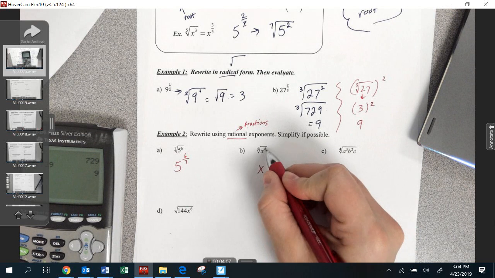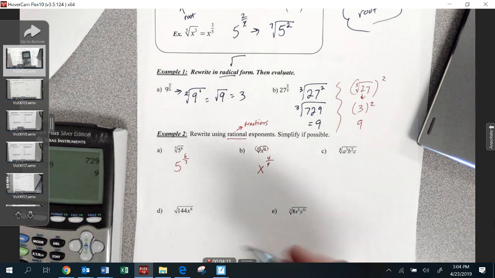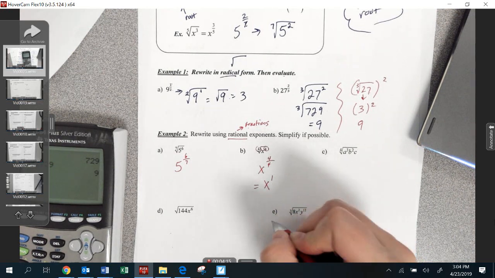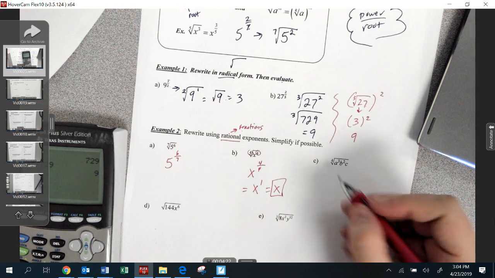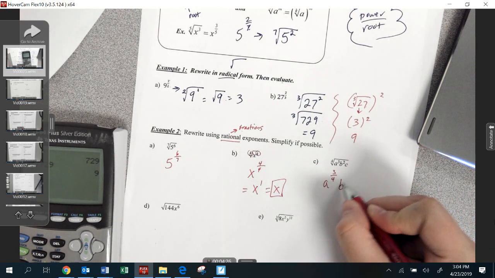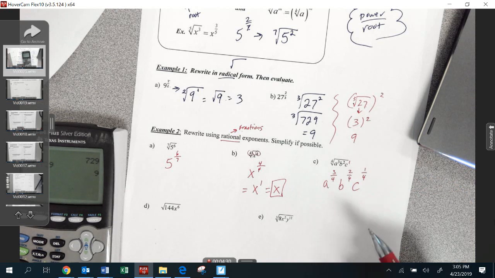Over here, I'm going to do x. This is my power. This is my root. And x to the 4/4, that would just reduce to x to the 1st, which simplifies all the way down to just x. On example C, I'm going to have a to the 3/4, b to the 2/4, and c to the 1/4.